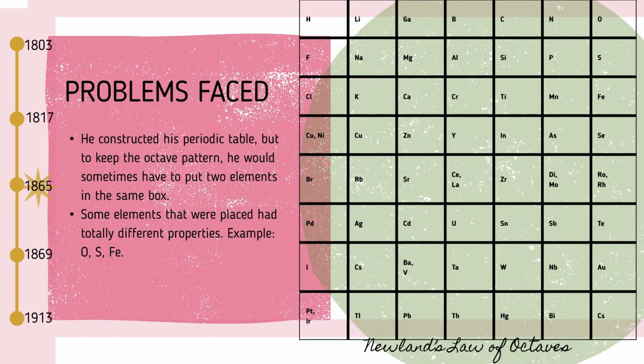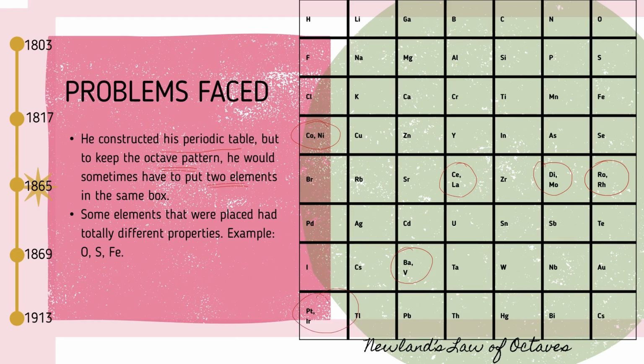Problems faced. He constructed his periodic table, but to keep the octave pattern, he would sometimes have to put two elements in the same box, like cobalt nickel.